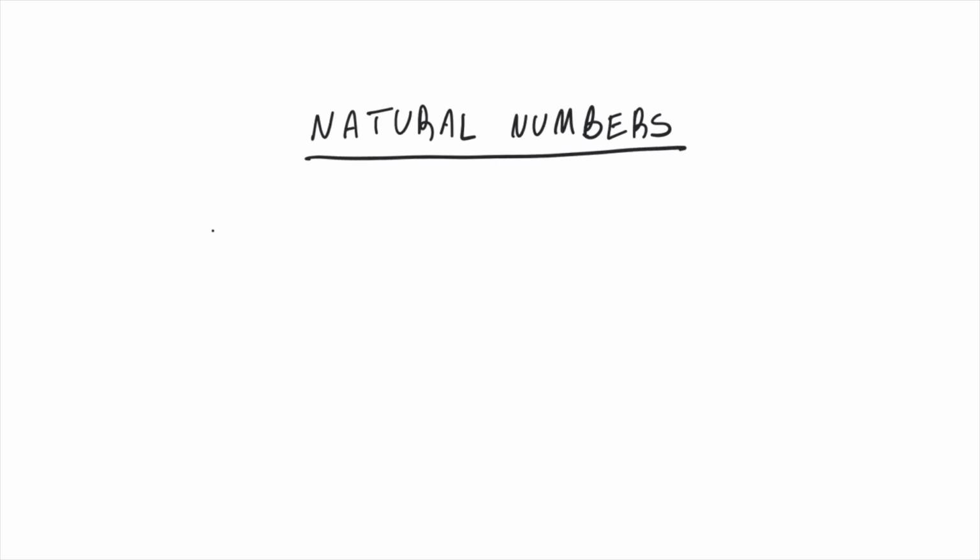So let's start talking about natural numbers. We all know natural numbers, right? 1, 2, 3, 4, and so on. And an important subset of the natural numbers are prime numbers. So we say P is a prime if and only if P has exactly two divisors, which are, of course, 1 and P itself.